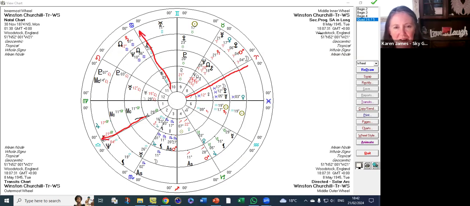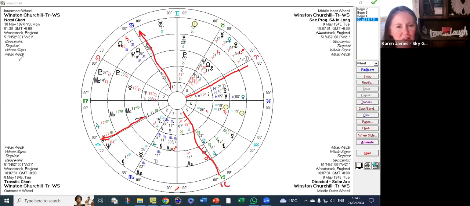And here is our IC at 29 degrees of Sagittarius. So this I've done in the wrong spot. Let's just fix it up quickly. There. Back to pen. Back to red. Here. There. Okay, this is the IC. All right.